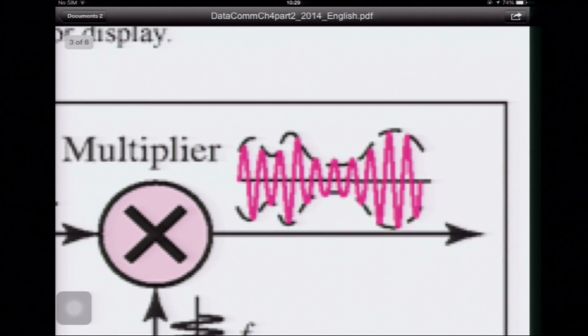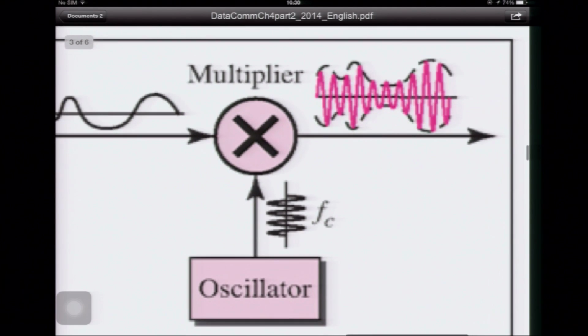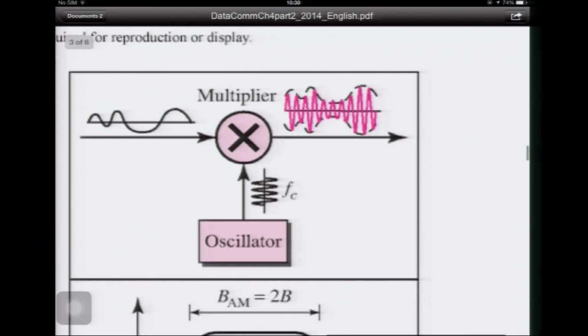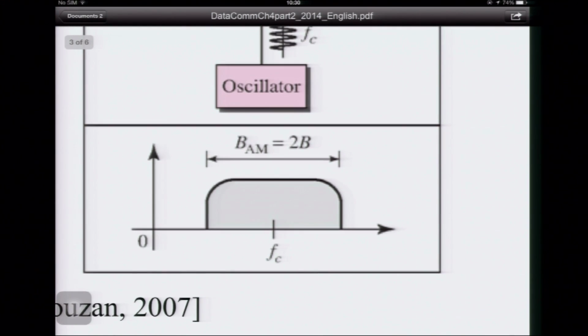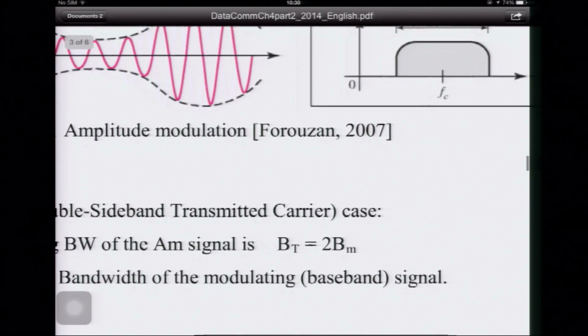So the baseband signal becomes the envelope of the carrier signal, and that is called the amplitude modulation signal, or AM signal. What is the bandwidth? The bandwidth is just 2B. So if B is the bandwidth of the baseband, then the bandwidth of the modulated signal is twice the bandwidth of the baseband, centered at FC.